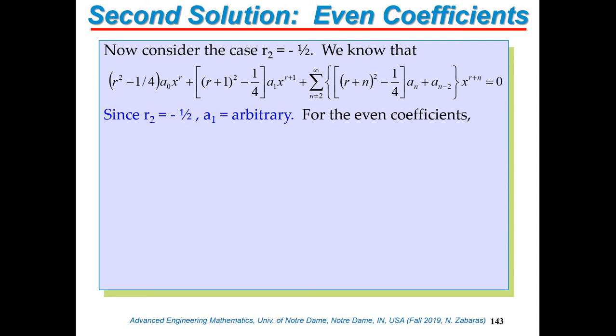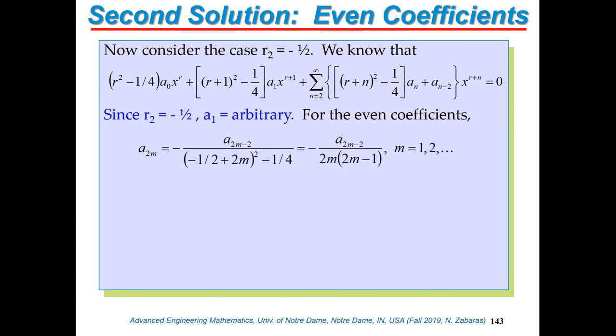But somehow, because this term is eliminated, we have managed to actually get a series expansion for this case, r2 equal to minus 1/2, without having to deal with the complexities of two equal roots.